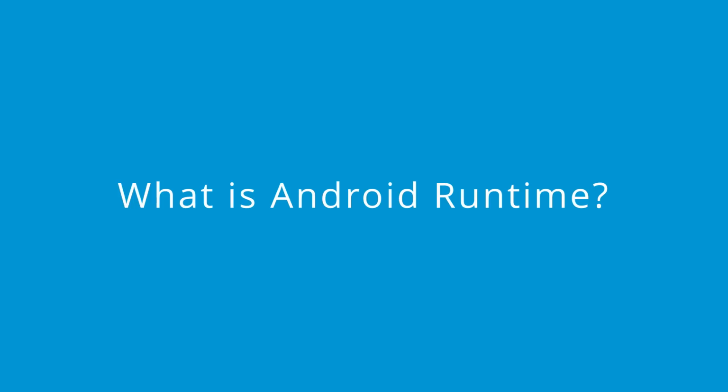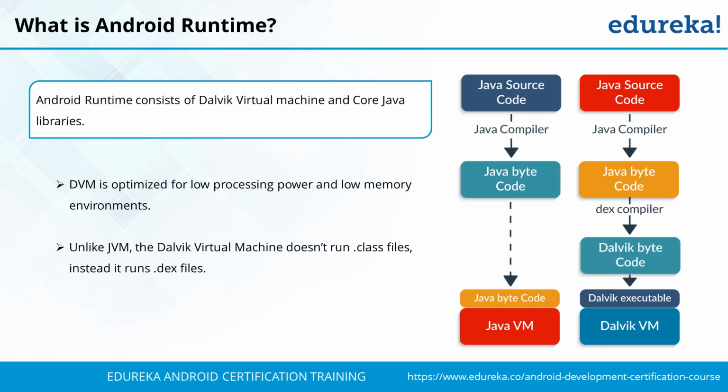So guys, now let's try to understand what is Android runtime. We were trying to understand that there is something known as Dalvik virtual machine in Android, right? So let's understand the difference between Dalvik virtual machine and Java virtual machine. Android runtime is supposed to execute Dalvik bytecode.